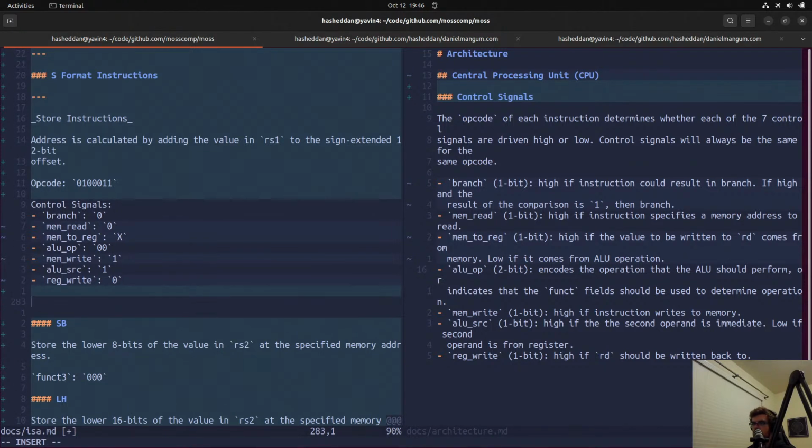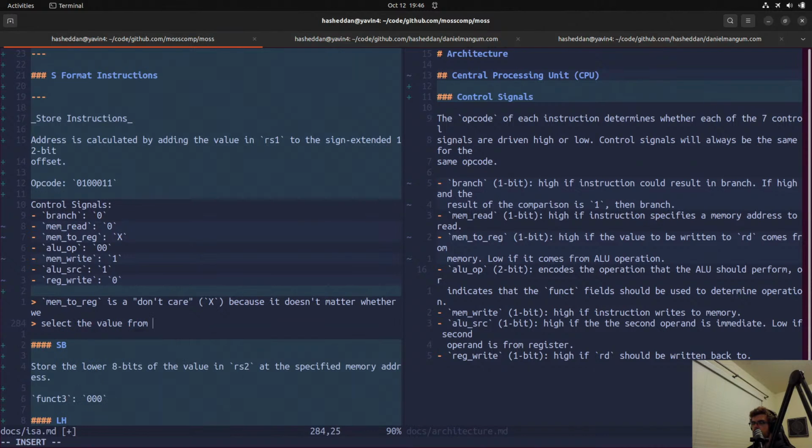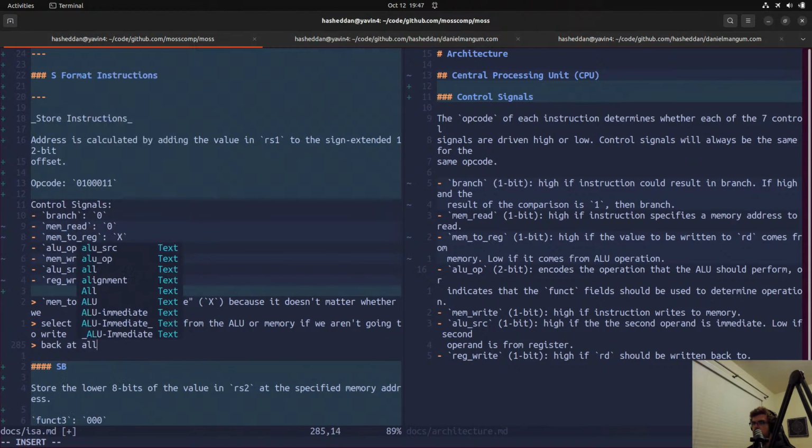So let's note that down. Mem to reg is a don't care because it doesn't matter whether we select the write back value from the ALU or memory if we aren't going to write back at all.